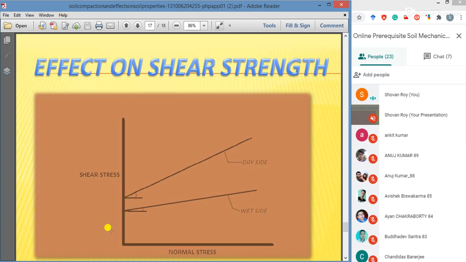Two curves are there, one for the wet side and another for the dry side, and this figure shows the failure envelope of two samples of the same soil. One is compacted dry of optimum, another compacted wet of optimum, but both compacted at the same density.